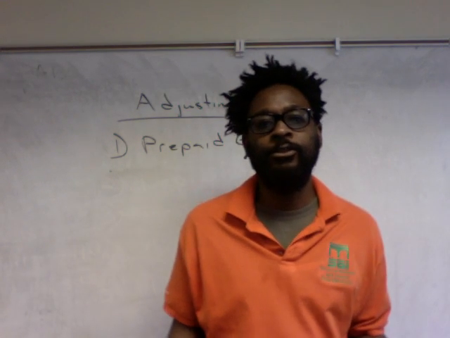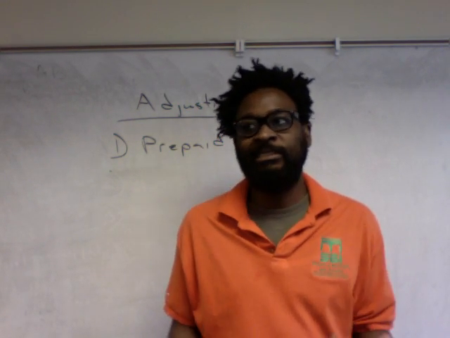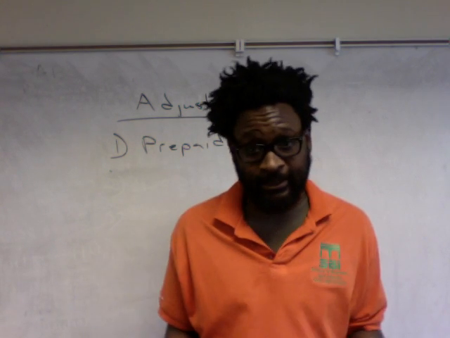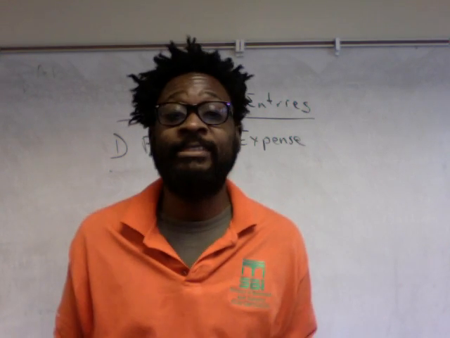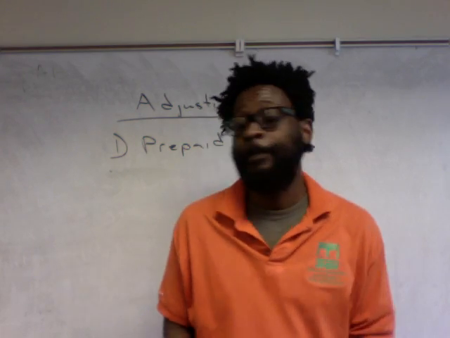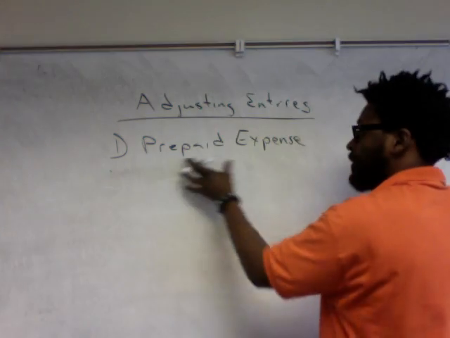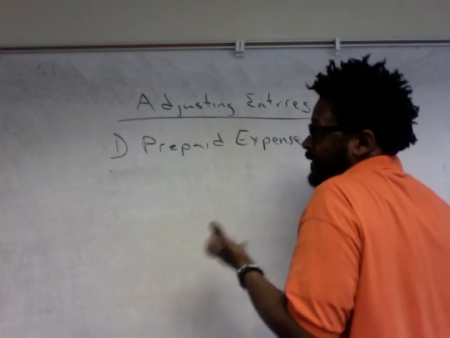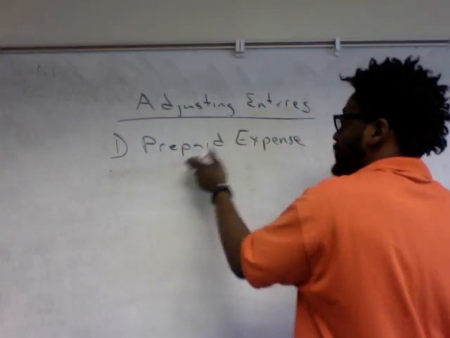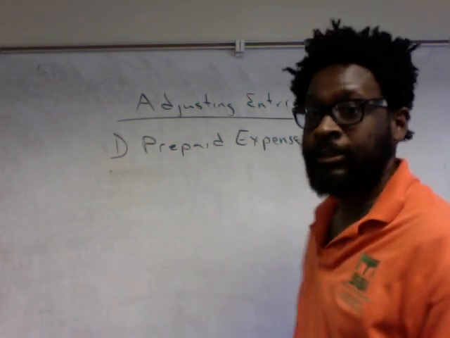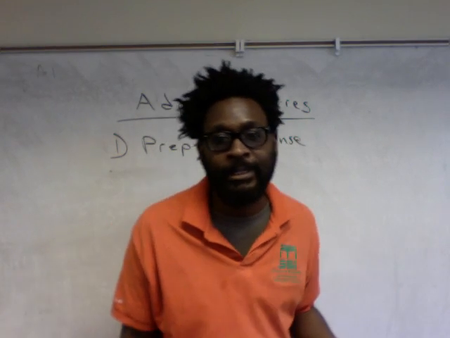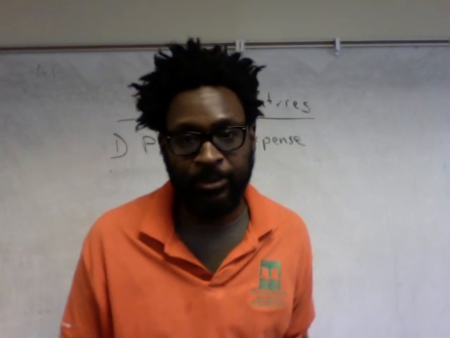The titles give you a sense of how logically the people who created this information were thinking, right? You have 2 words here defining what this entry is: prepaid expenses. So you want to think about, what is a prepaid expense?